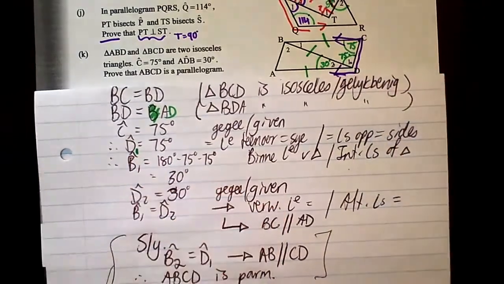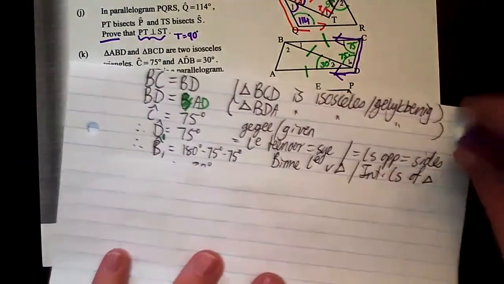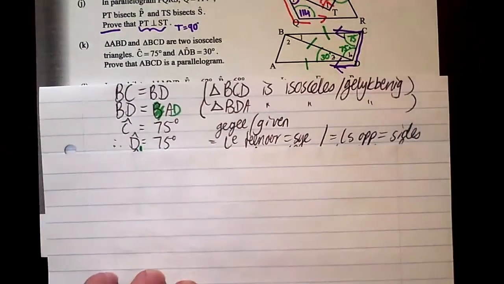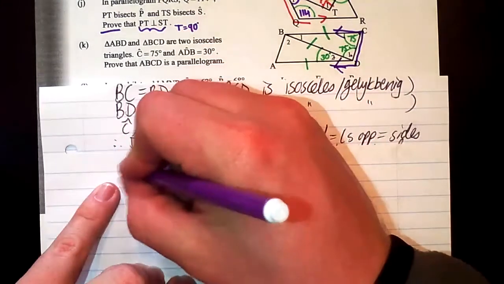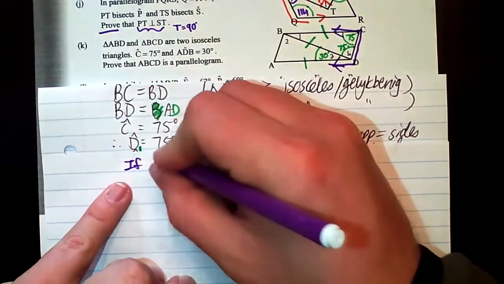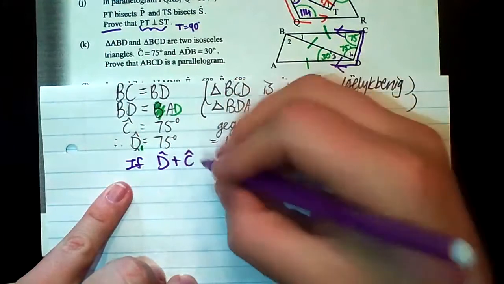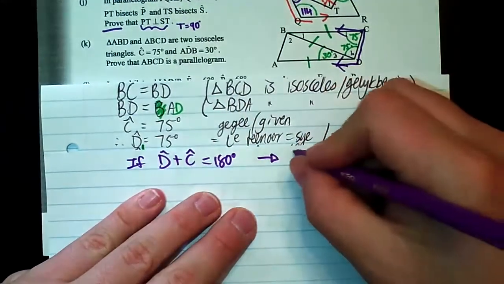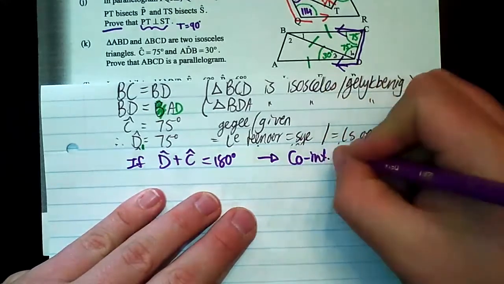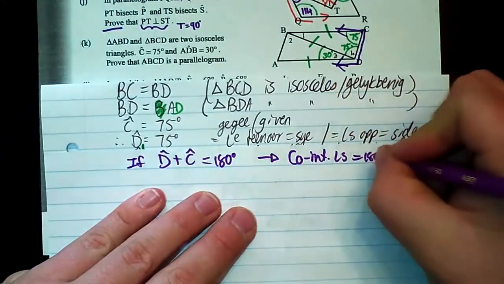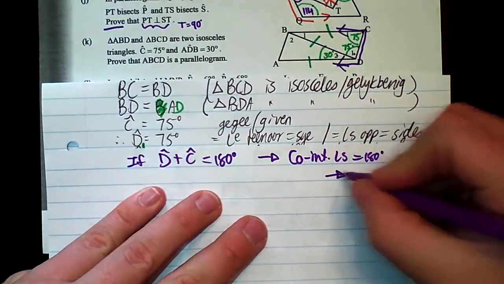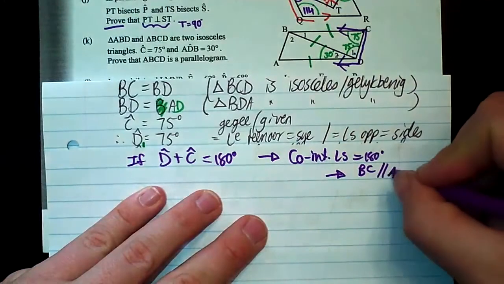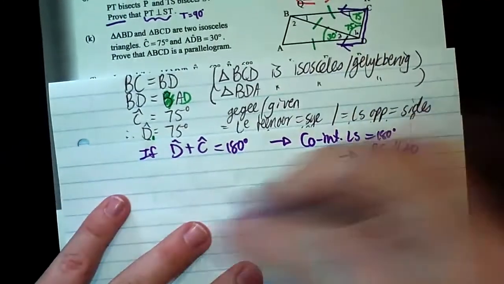If angle D plus angle C is equal to 180 degrees, that will mean that co-interior angles are supplementary, and therefore line BC will be parallel to AD. Does that make sense? So let's go see.